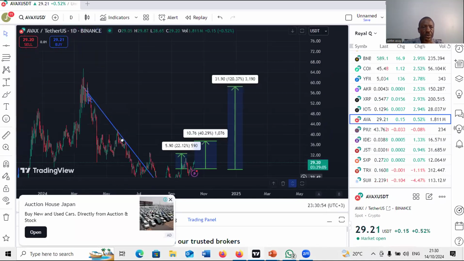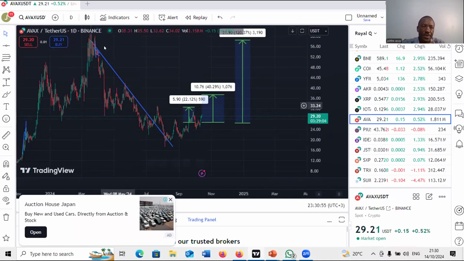And then here, the chart is making the higher lows. It is making the higher lows. And once it is doing the higher lows, it is telling you that we are having a falling wedge.